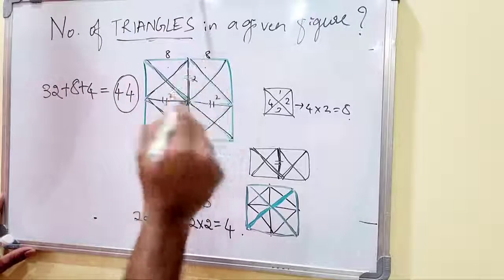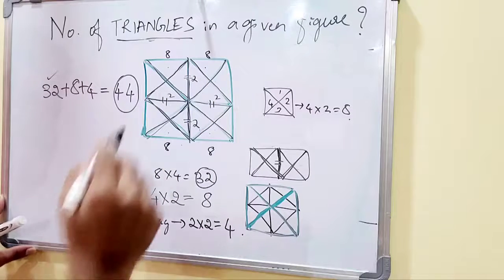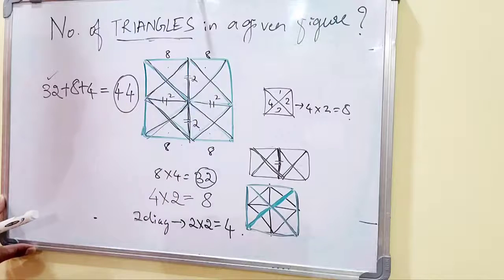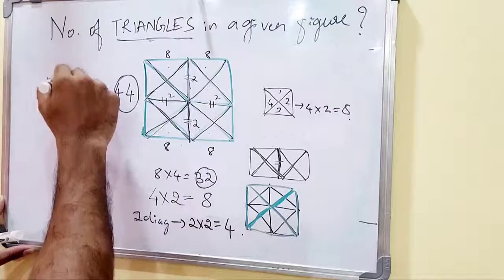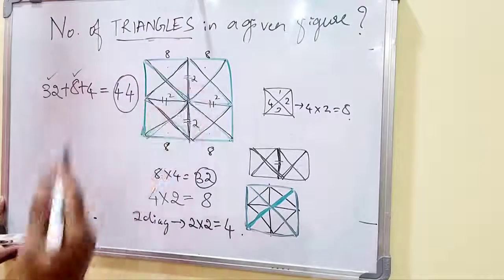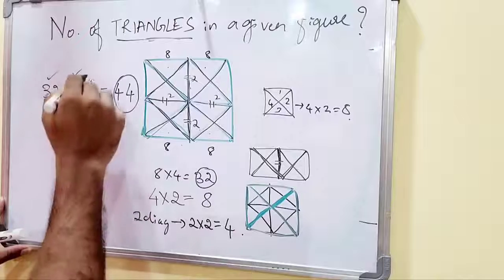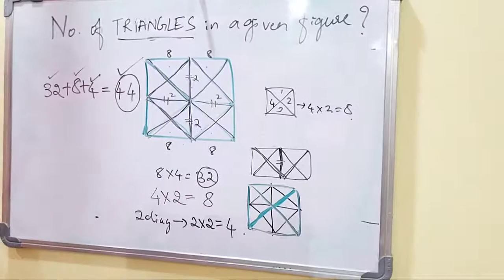Individual figures contribute 8, 8, 8, 8 triangles, that equals 32. Lines contribute two triangles, there are 4 lines, so 4 into 2 is 8, and the diagonal contributes two triangles. There are two diagonals, so 2 into 2 is 4, so the total number of triangles is 44.